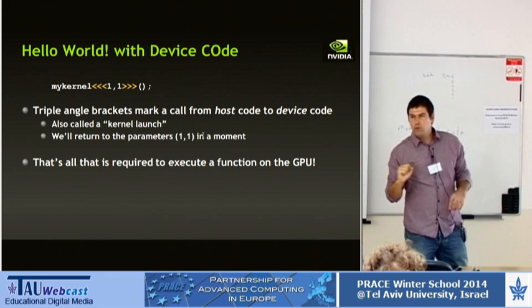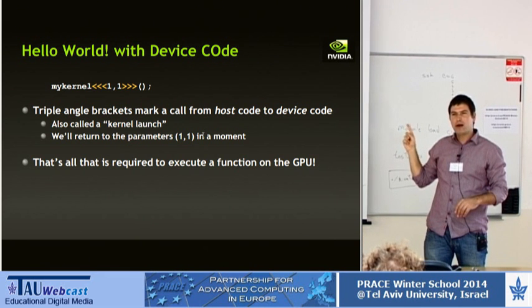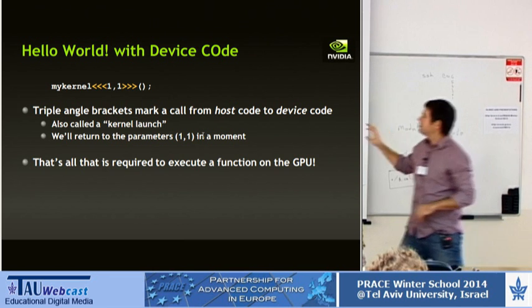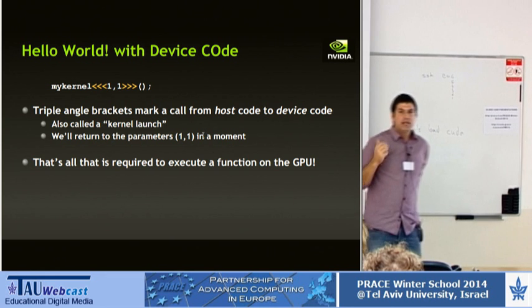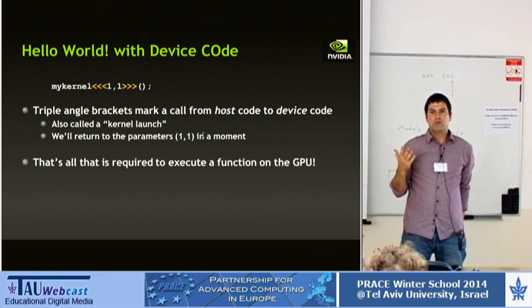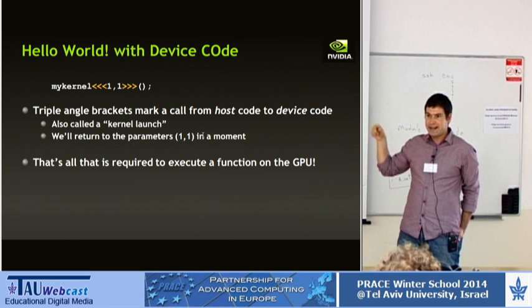In OpenACC we said that you give the compiler hints about parallelism. So this is a bit similar. Actually it's not really a hint. You tell the compiler something about the way that the parallelism is built.